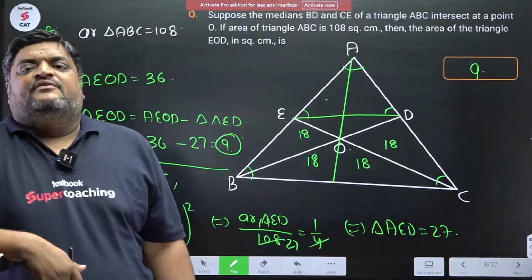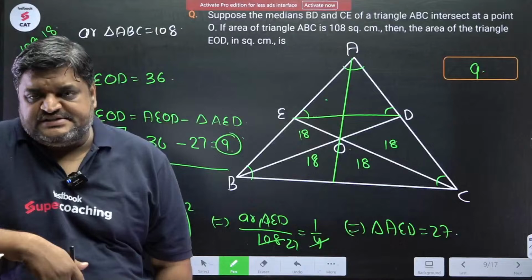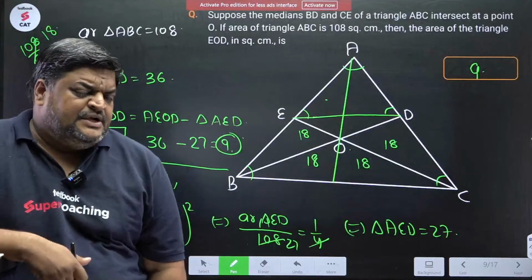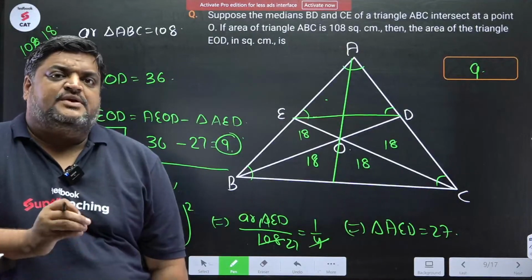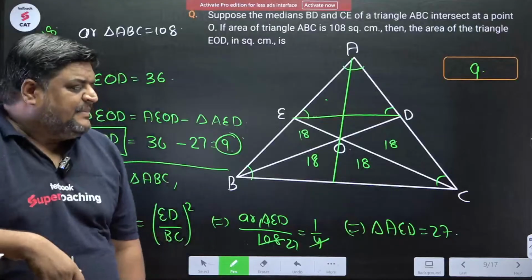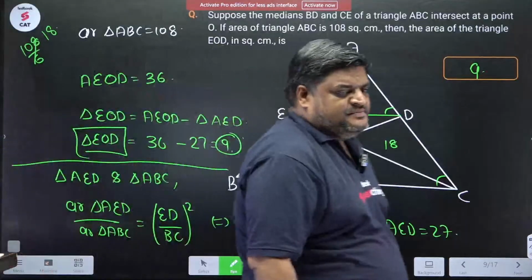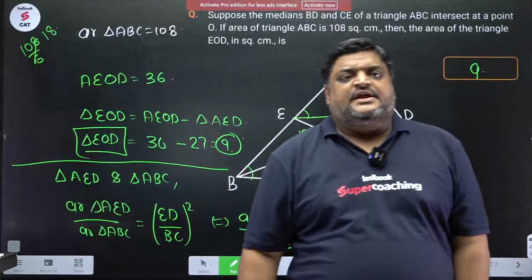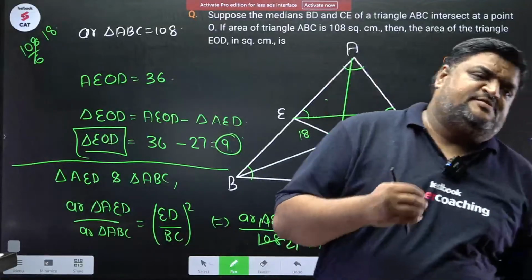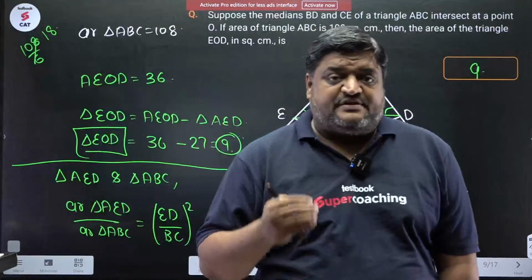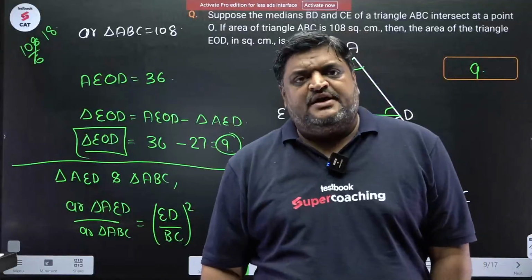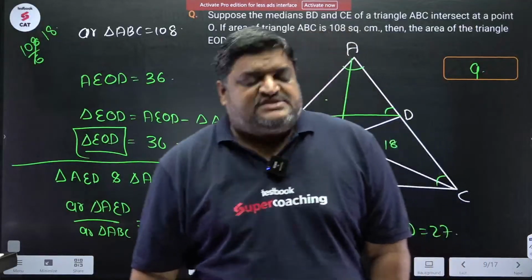In Triangles 4 we did some PYQs, some good questions, the recently asked questions. You need a little bit more practice and you are good to go for the CAT examination. इसके बाहर ना theory है ना concepts है. Recent year के PYQs भी कर लिए हमने, सारी theories भी देख लिए, enough questions भी solve कर लिए from triangles. In the next session, we'll be starting with circles, right?